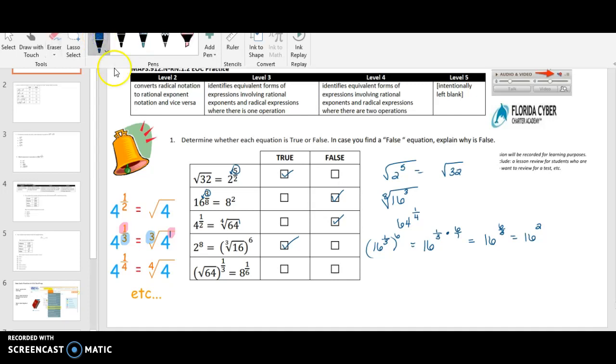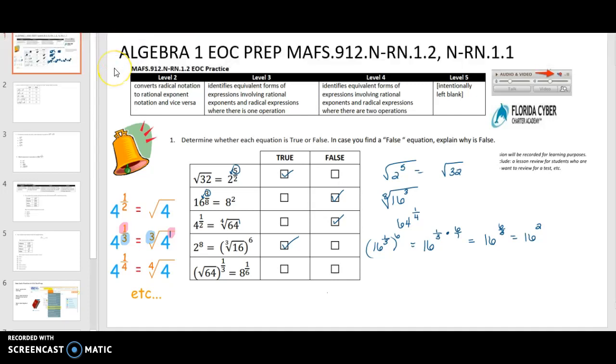All right, so let's do the bottom one. Now, if you're wondering why this fractional exponent is outside the parentheses, it means it wants you to multiply that fractional exponent by 64's fractional exponent, which is not there at the moment, but we can put it there. So remember, that's just an invisible 2, and that's an invisible 1. So we have 64 raised to the 1/2, raised to the 1/3.